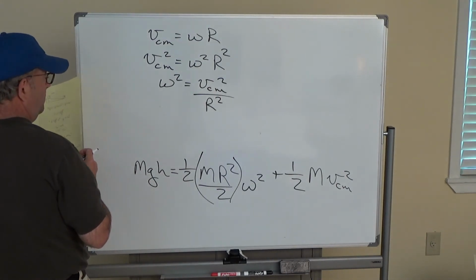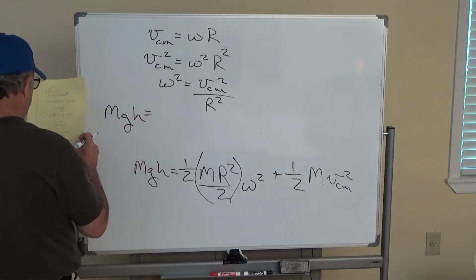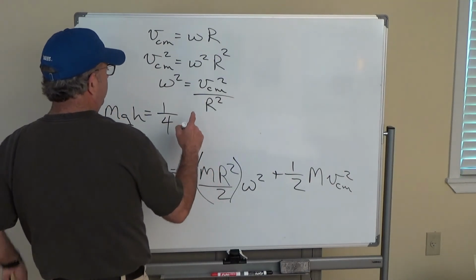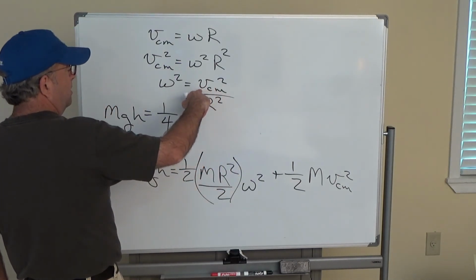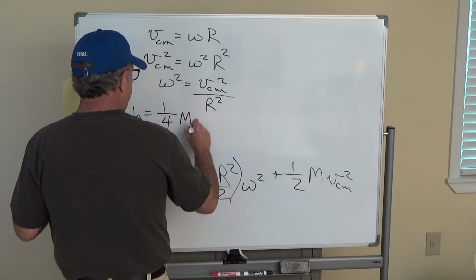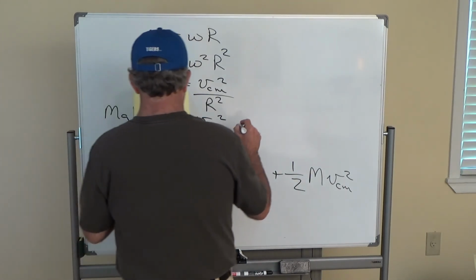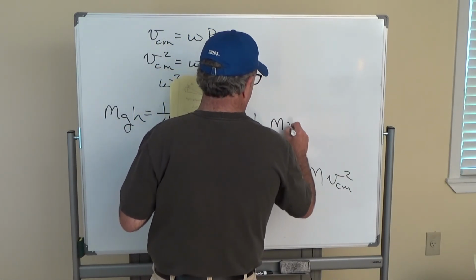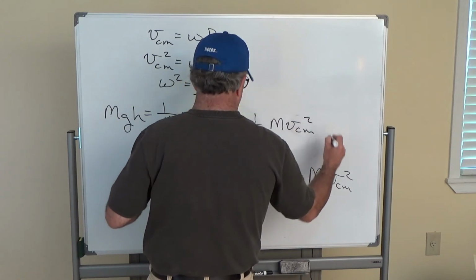Okay. So mgh is equal to 1/4. You have a 1/2 and a 1/2, and you get an mr squared times V center of mass squared over r squared. So this becomes m v center of mass squared plus 1/2 V center of mass squared.